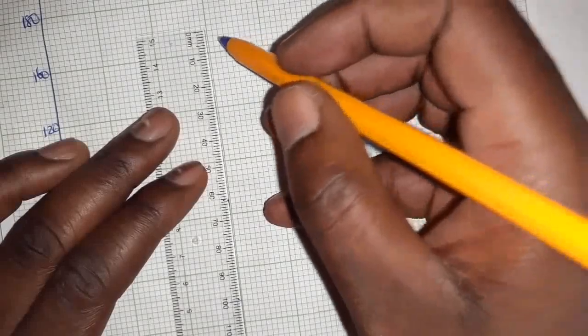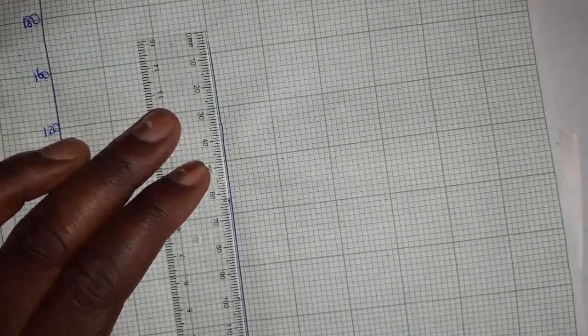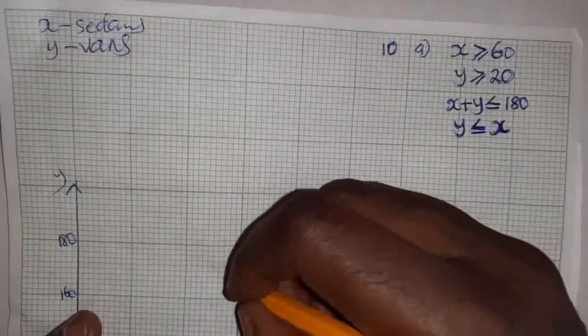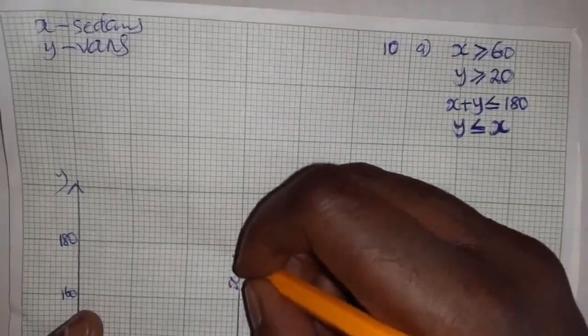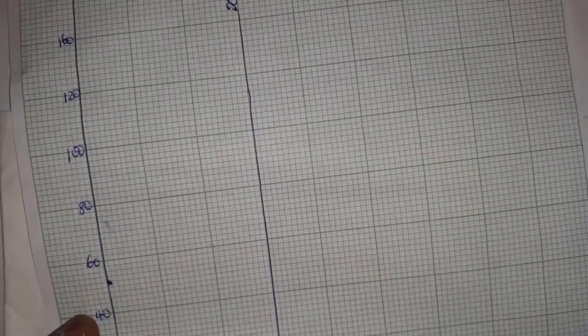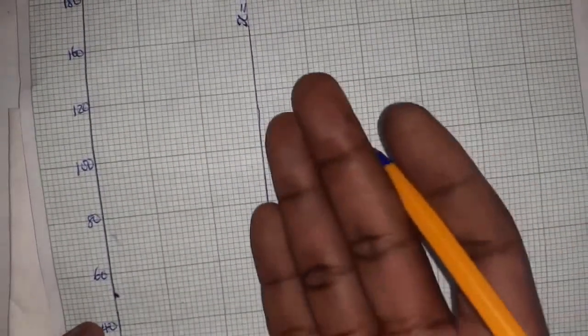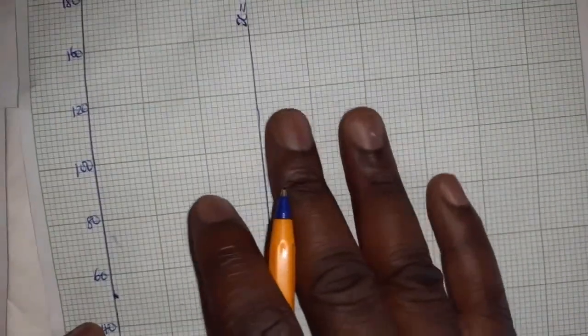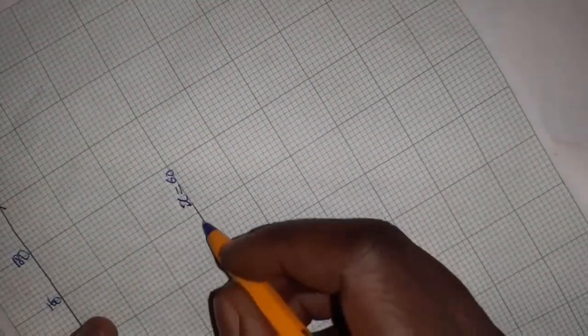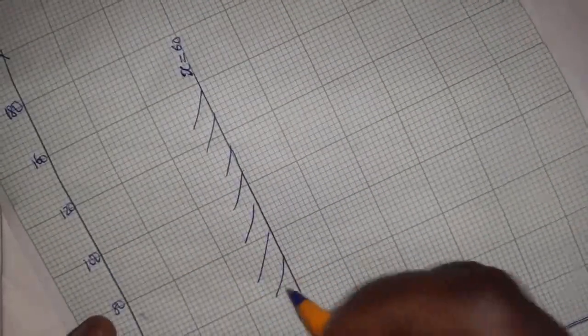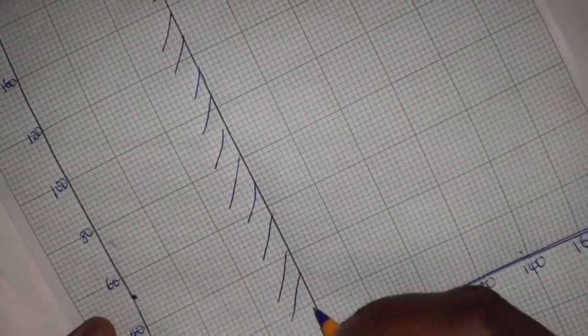So on this line, in terms of an equation, it's x equals 60. So now we want to shade the unwanted region. We want the greater part here, isn't it? So we're going to shade the unwanted region, which is this side, which is less. This region is unwanted here.